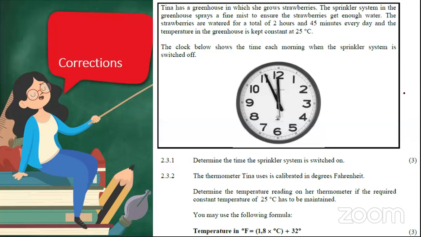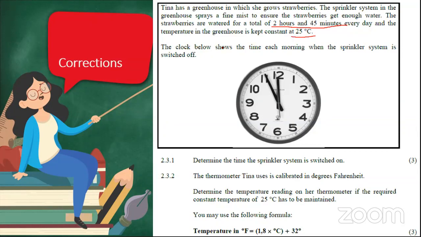It says, Tina has a greenhouse in which she grows strawberries. The sprinkler system in the greenhouse sprays a fine mist to ensure the strawberries get enough water. The strawberries are watered for a total of 2 hours and 45 minutes every day, and the temperature in the greenhouse is kept constant at 25 degrees Celsius.